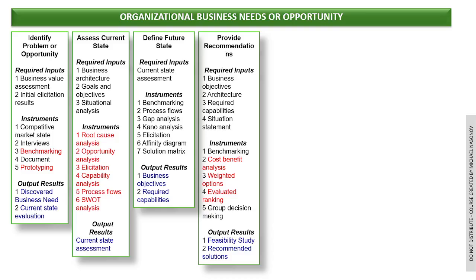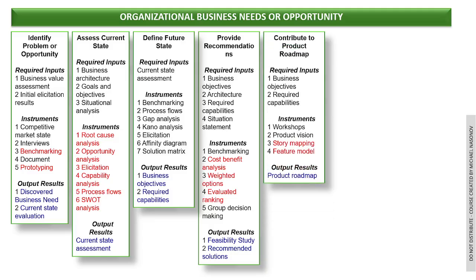Evaluated ranking, rank your product, and involve the group in decision making, so-called group decision making. You do not make any decision yourself as a business analyst. You constantly involve the group of project stakeholders, everybody from the IT department, the end client, and so on. Output results: feasibility study, whether your project is feasible at all, if you can achieve it, and recommended solutions.